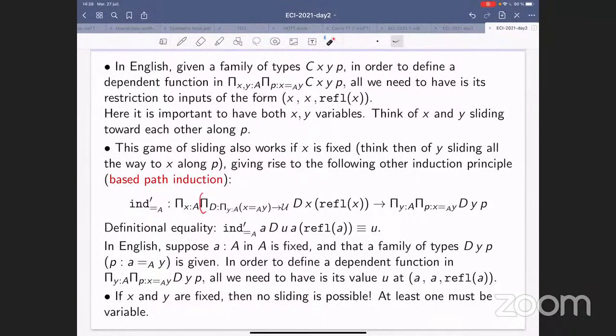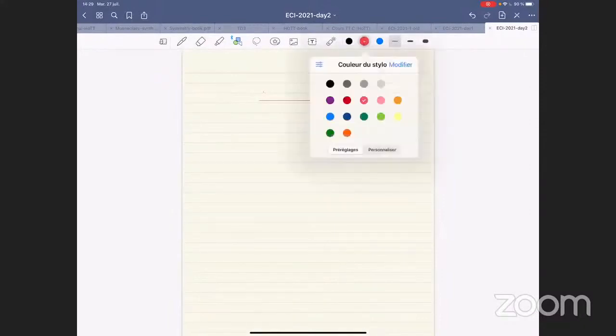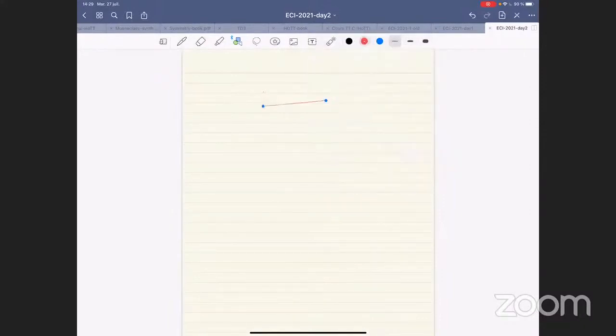Now you may ask, if you fix both X and Y, can we do anything? The answer, of course, is no. Let me do the picture again. If both my ends here are fixed, I cannot play this game.